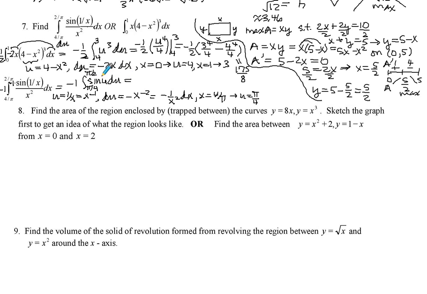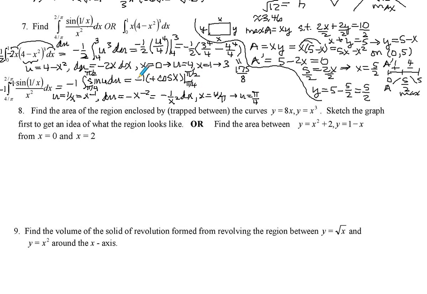And we know how to do the antiderivative of sine. That's negative cosine. So you got this negative 1 on the outside. Antiderivative of sine is negative cosine of u. And then we are evaluating from pi over 4 to pi over 2.